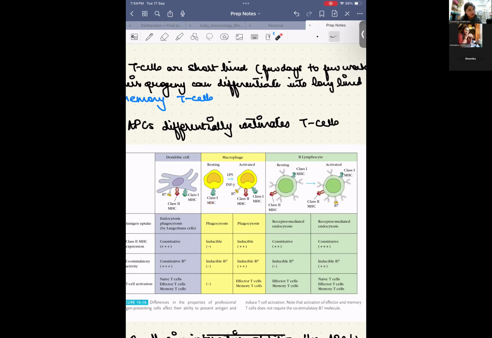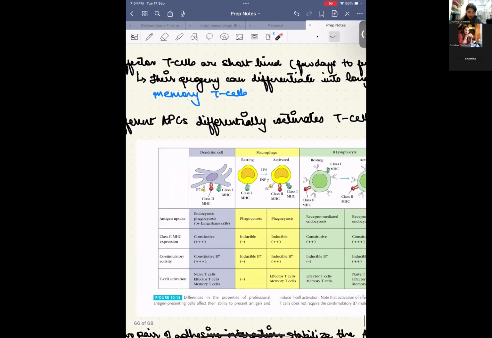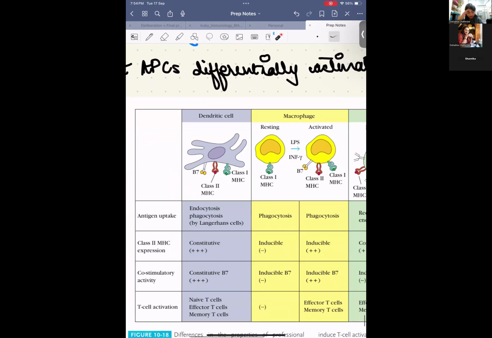and every nucleated cell can express a class 1 MHC molecule. Now, if you look here at dendritic cells, they have constitutive expression of class 2 MHC molecule and constitutive expression of B7 molecule. So they can activate your naive T cells, effector T cells, as well as your memory T cells, right? What is not there in your naive T cell?